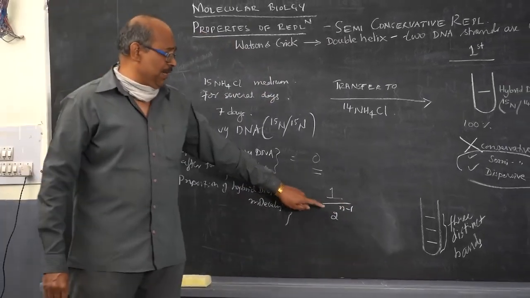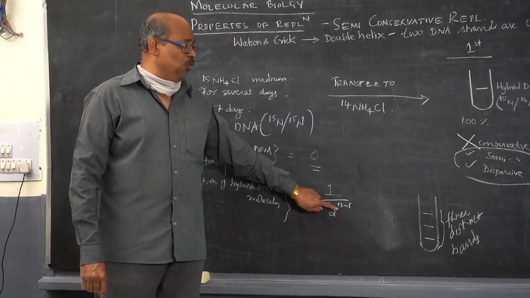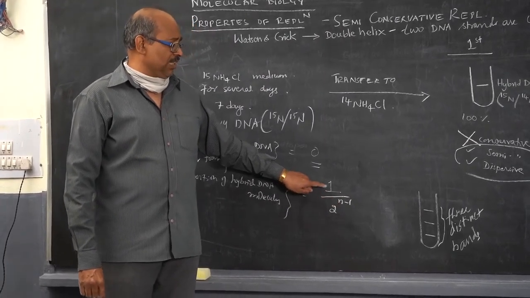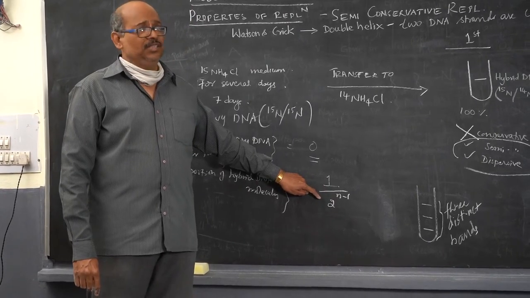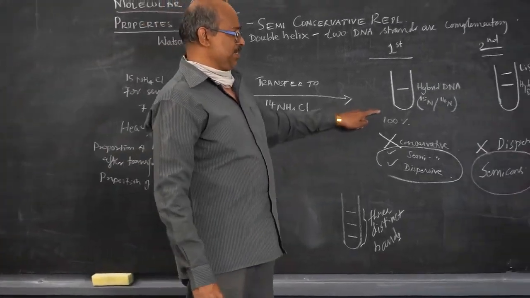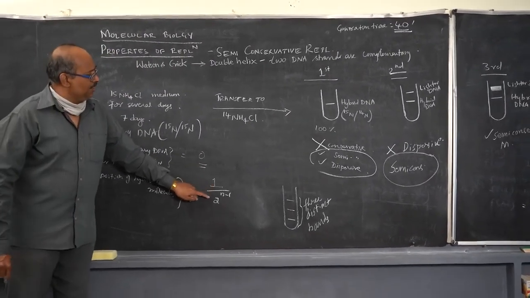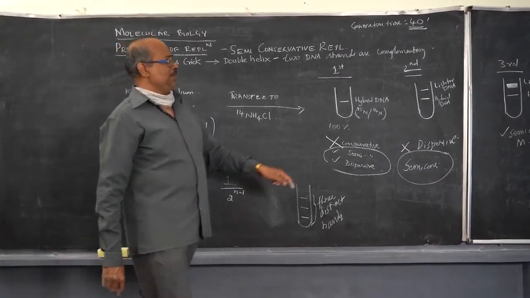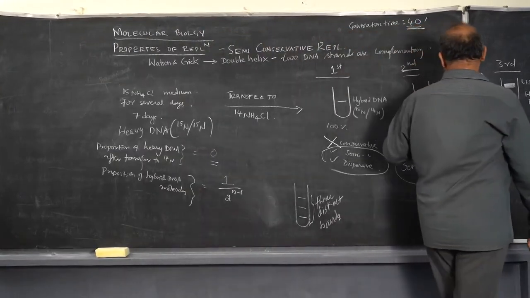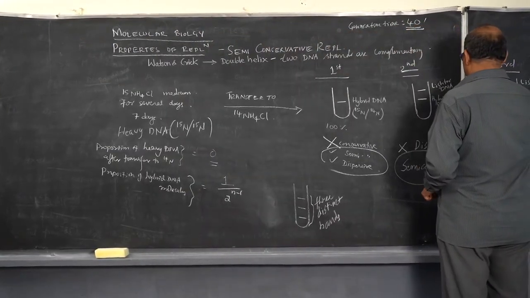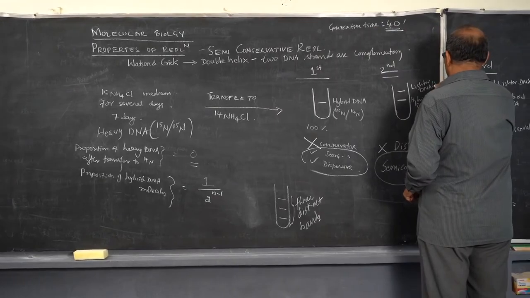So for the first generation it will be 2 power 0, that is 1 divided by 1, which is 100%. If it is the second generation, it will be 1 divided by 2 power 1, that is 50%. So you get 50% hybrid DNA and 50% lighter DNA.